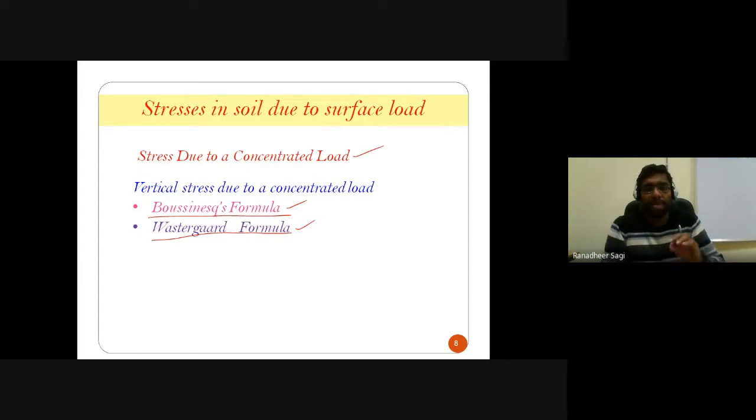Okay, so the basis for any other load condition, if we want to calculate the stresses developed in the soil strata, is going to be the stress increment expression we are going to look at for the concentrated load. That is going to be the basic expression. From that, for all other different loading conditions, the subsequent stresses in the vertical direction are developed.